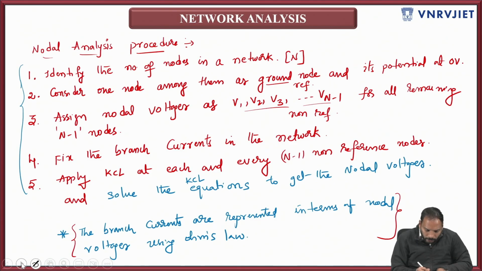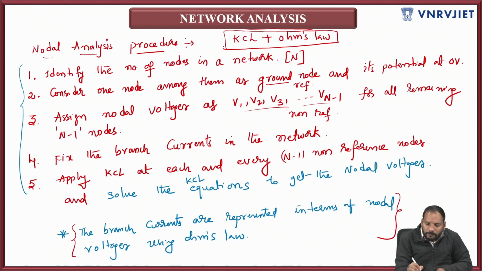Nodal analysis is nothing but application of KCL plus Ohm's law. This is a very important observation. In nodal analysis you need to apply KCL at the node, and also you need to apply Ohm's law to get the current. However, the application of this Ohm's law, we will try now.